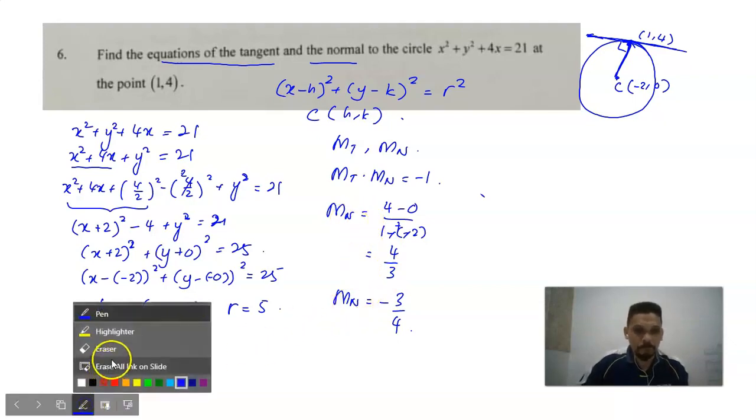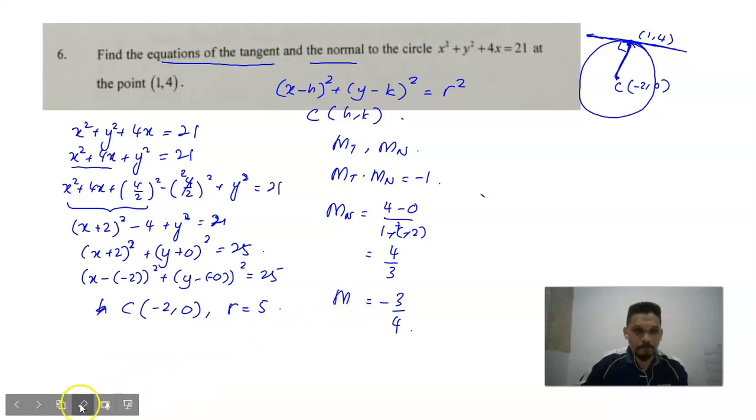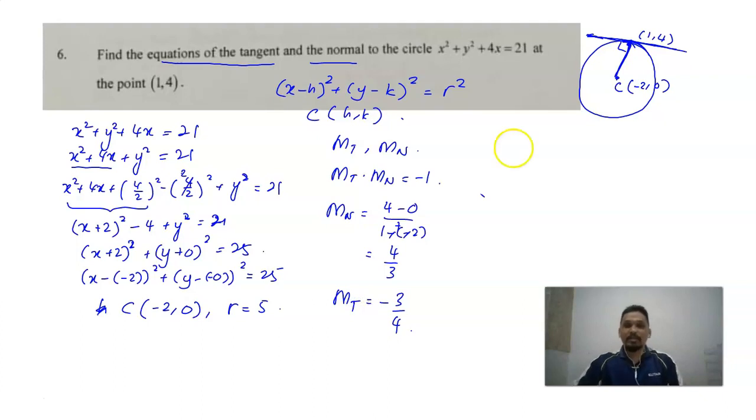Okay, for the equation of tangent, we can use the point (1, 4). But for the equation of normal, we can use either (1, 4) or (-2, 0). It's all up to you, because these two points are coordinates on this line of the normal here.